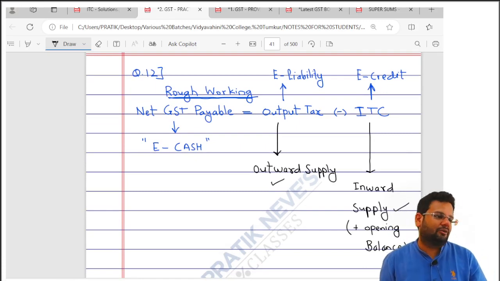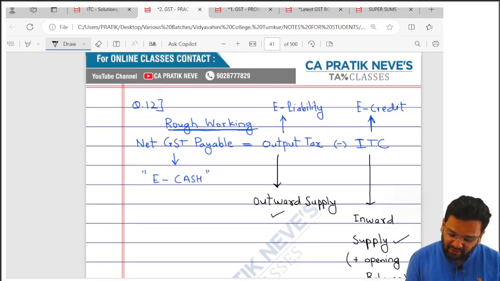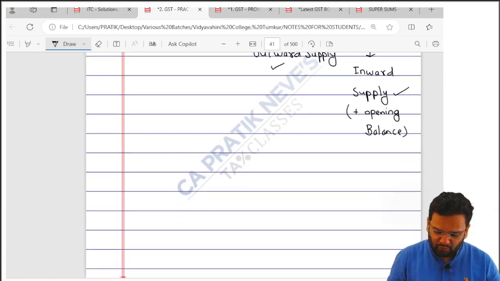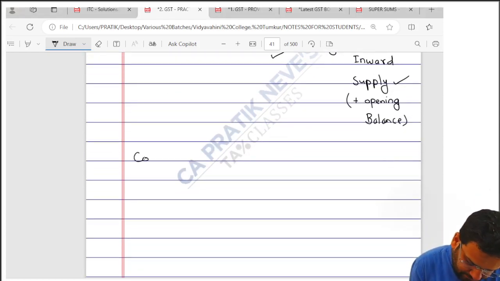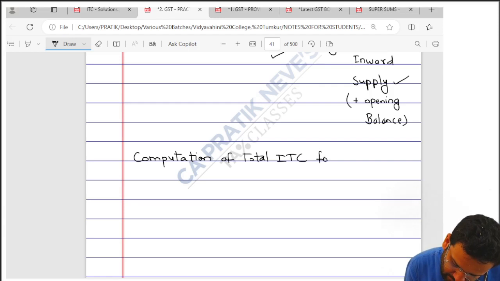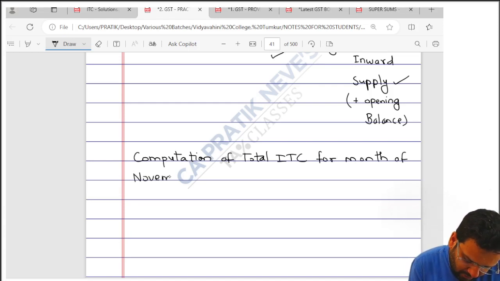So, shall we start our working? Can I find out first what is the total ITC for the month? How to find total ITC for the month? Computation of total ITC. You are going to help me. Total ITC for the month of November.